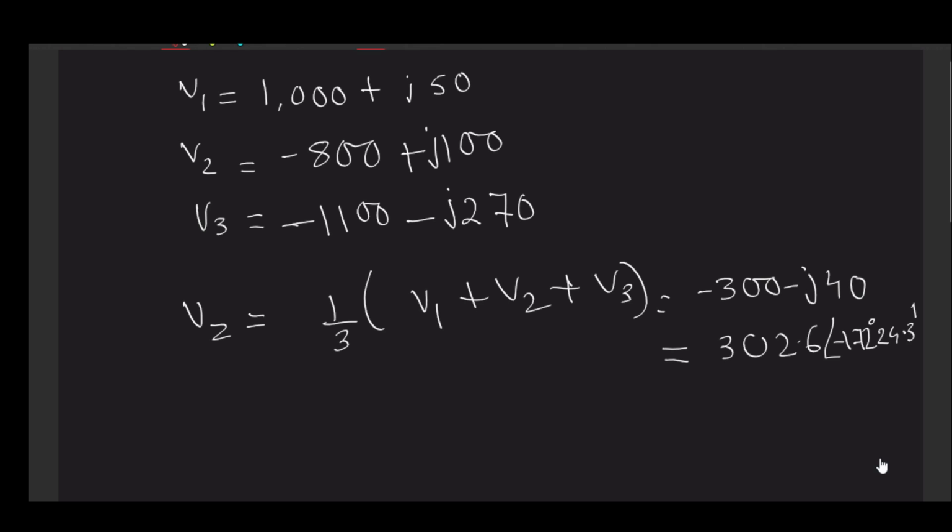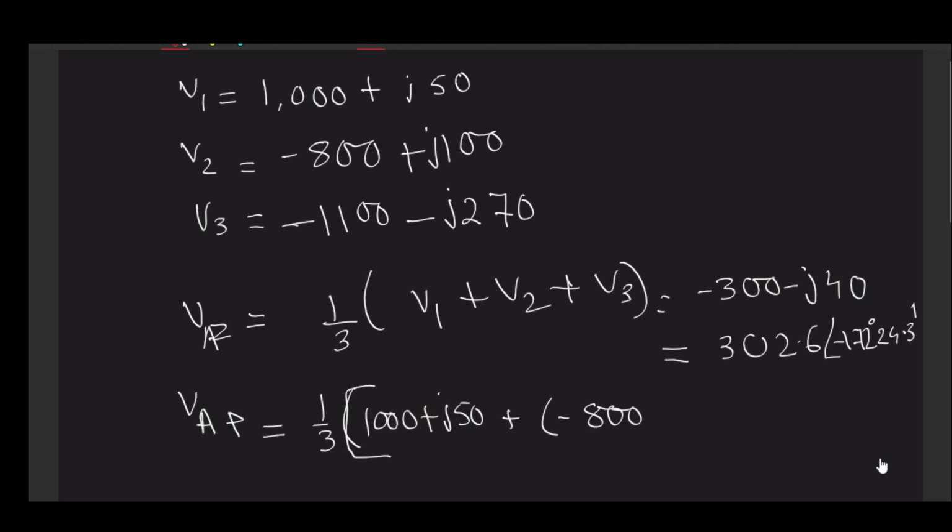Now VA, or rather VAP, this is VAZ. VAP is equal to 1/3 of (1000 plus j50, plus minus 800 plus j100, then you have to append a.